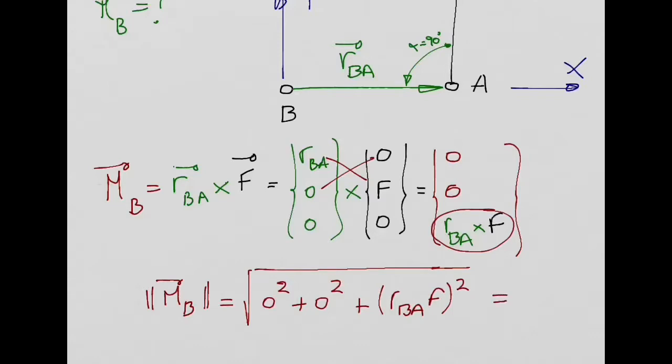So this is equal to RBA F. This is how I calculate the norm of a vector, right? So by doing the cross product for the calculation of the moment, I have all the information I need. I have the norm or the intensity, and I have the direction of this vector. In this case, the direction is the Z direction.